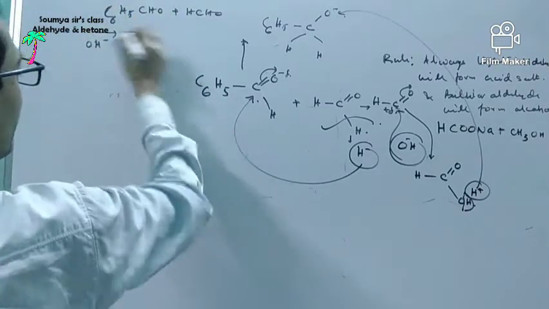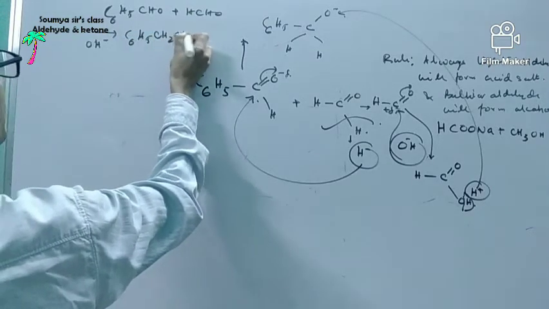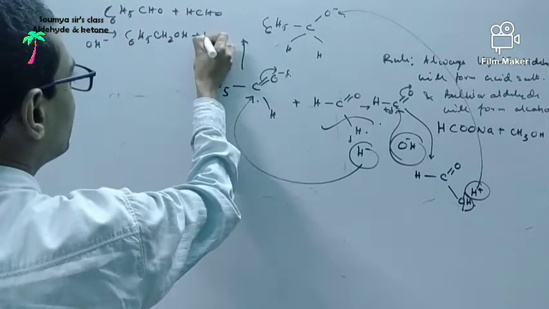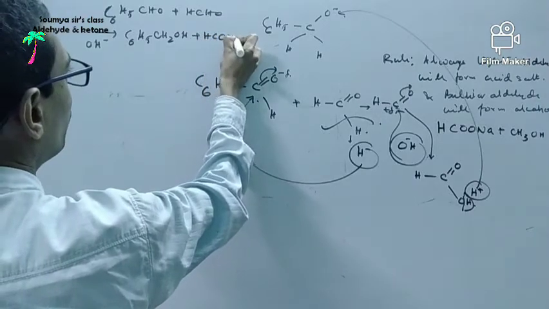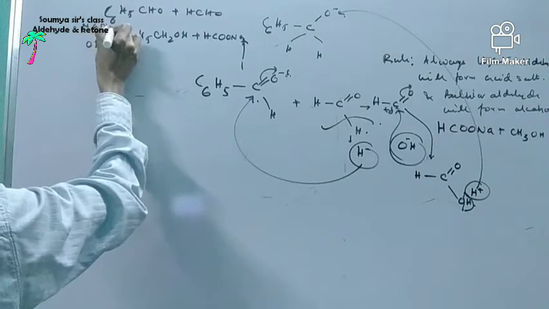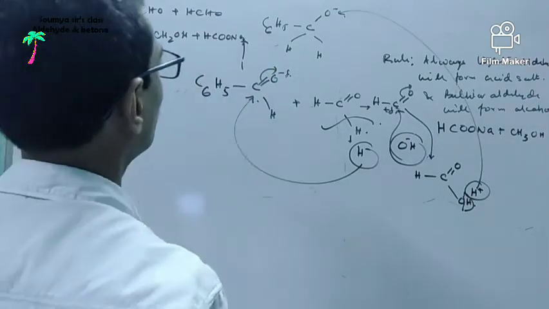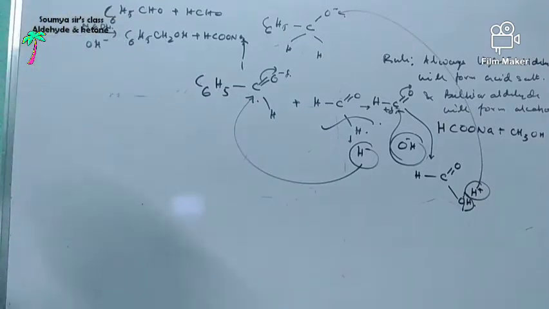The bulkier aldehyde becomes C6H5CH2OH and the lighter aldehyde becomes HCOONa, because in our medium, let us consider it is NaOH. If it is KOH, then it will form HCOOK, potassium formate.